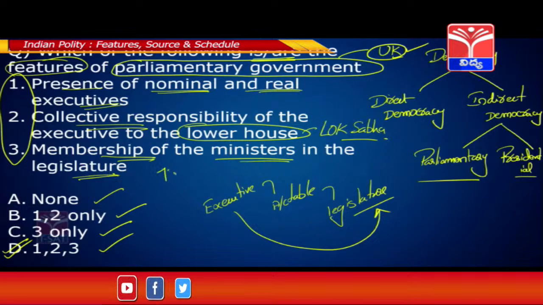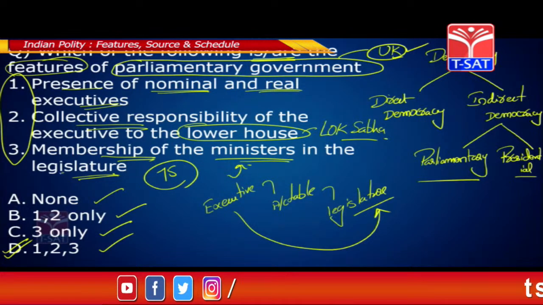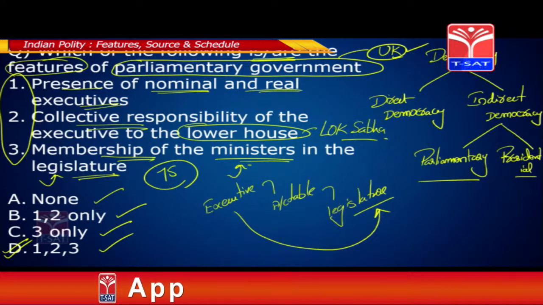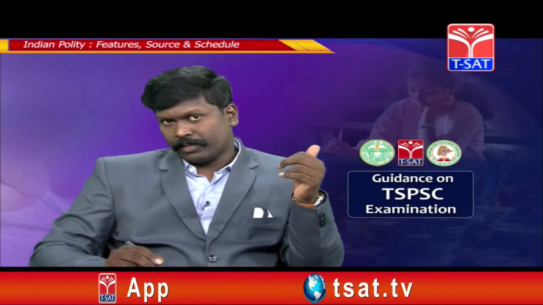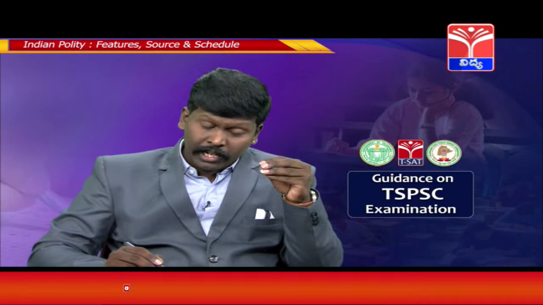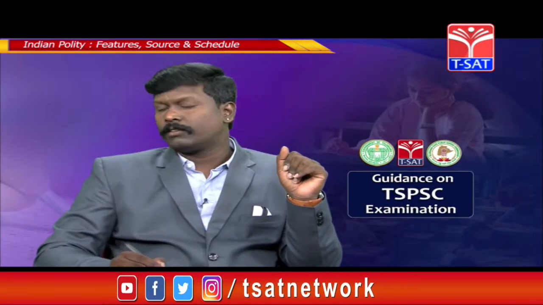As per article 75, all the ministers must be part of the legislature. If they are not part of the legislature, they have to be made part of the legislature within 6 months as per article 75. So all are the parliamentary government features. This is your second question, friends.